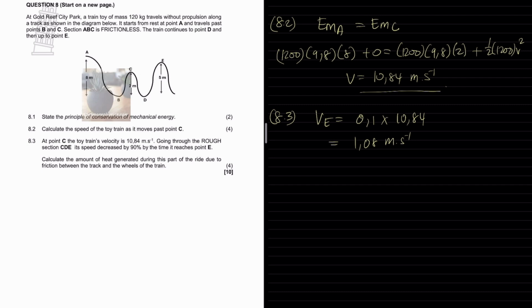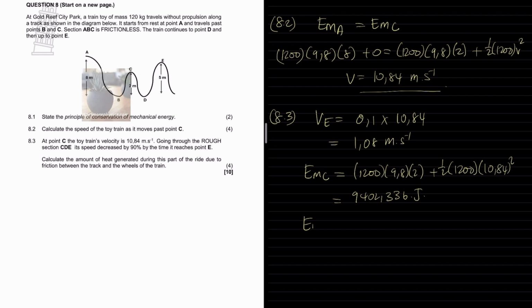So I want to work out the mechanical energy at C now. So the mechanical energy at C is equal to 1200 times 9.8 times 2 plus half of 1200 and then times 10.84 all squared. And that gives me an answer of 9402.336 joules.